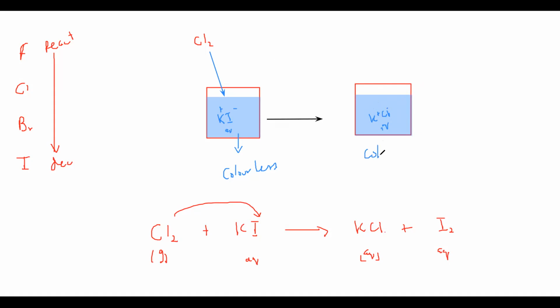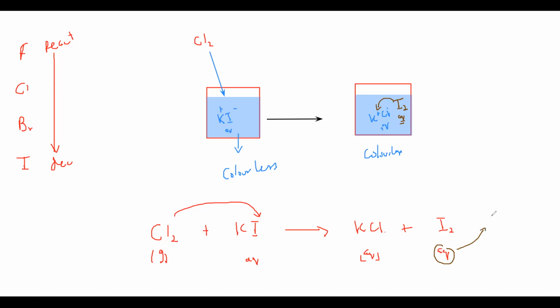So this is also colorless. But there is also another thing which is formed, and that thing is iodine. Iodine molecule is also present. And when iodine molecule is dissolved in water, what is the appearance of iodine? It depends on the concentration of iodine. So there are two possibilities when iodine is present.